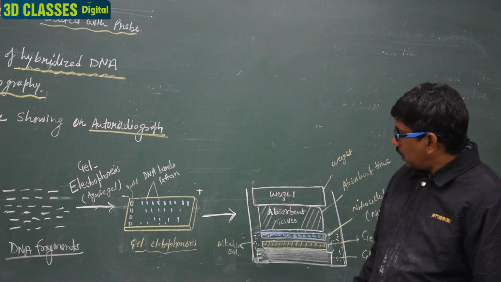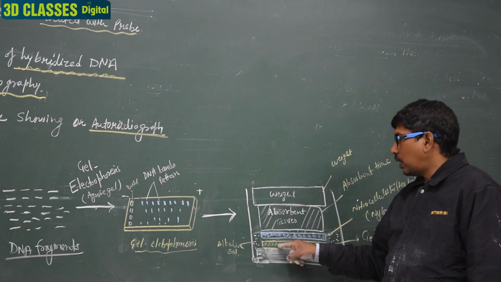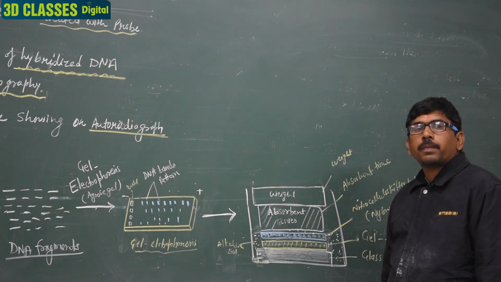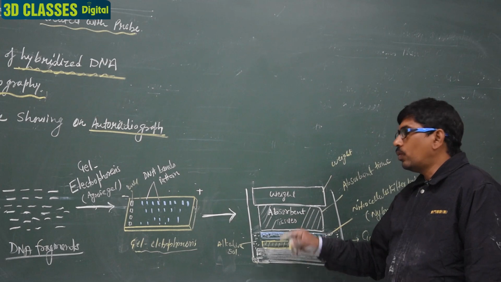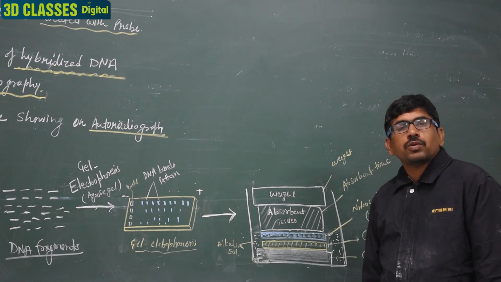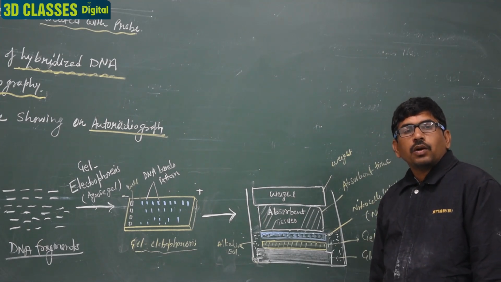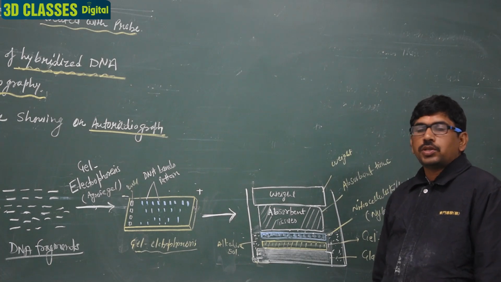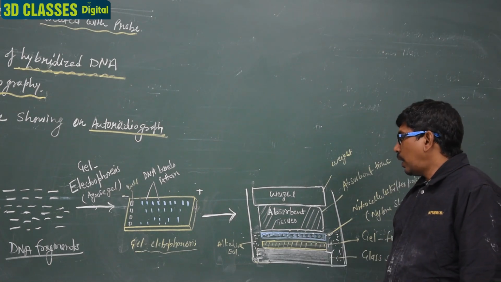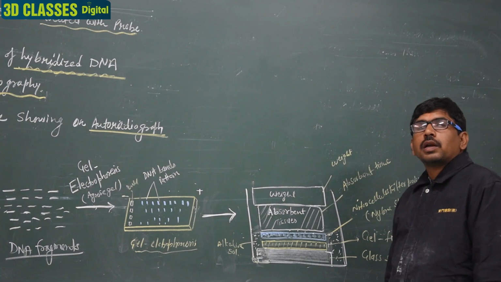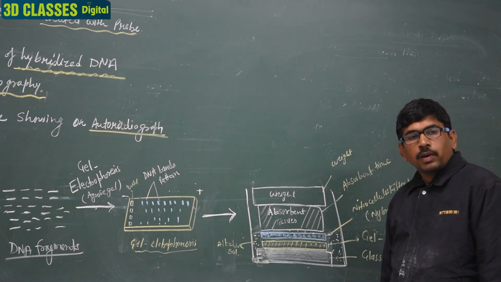With the weight, the complete DNA pattern moves from the gel to the nitrocellulose filter paper or nylon sheet, a blotting sheet, and then we obtain the complete DNA on the membrane.